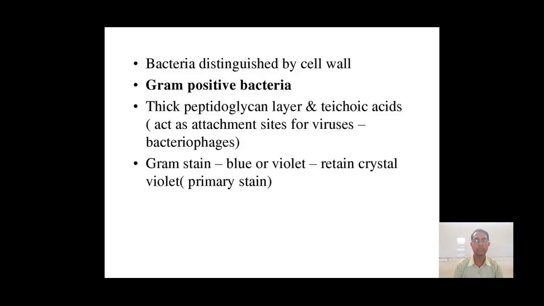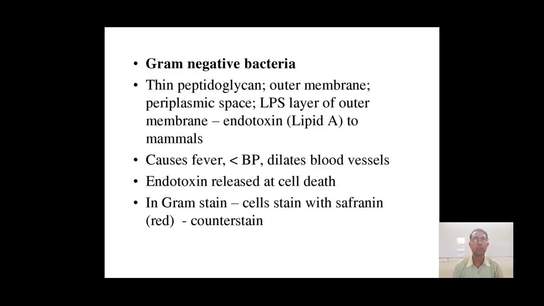Gram positive bacteria look blue or violet in color, whereas the other type is known as gram negative bacteria. In gram negative bacteria, the peptidoglycan layer is very thin.